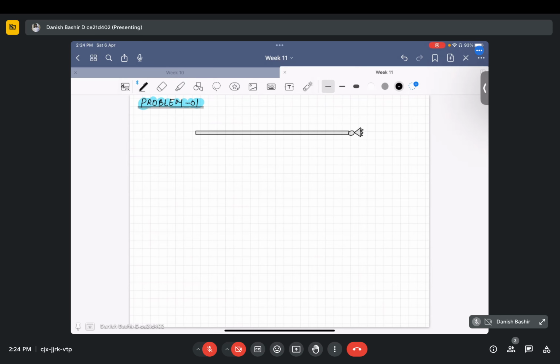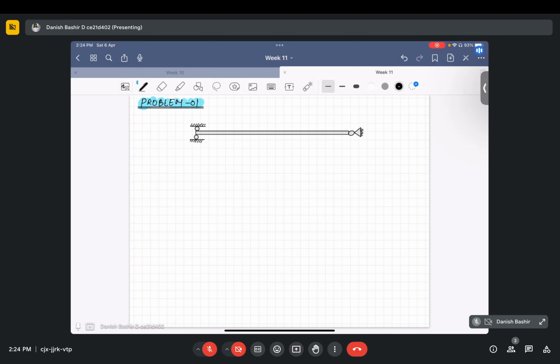We have roller supports from this side. Sorry, this should be a circular one. These are the two things here.